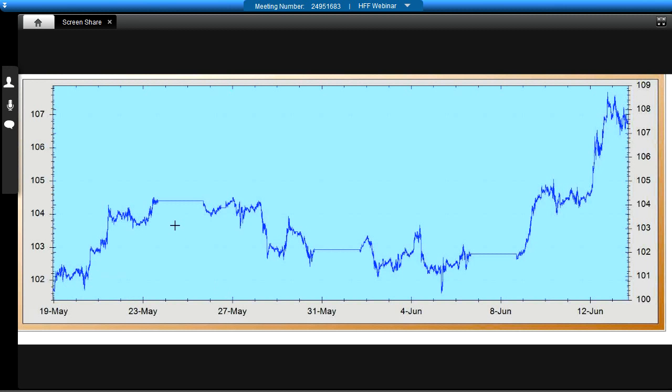We'll specifically focus on what happened right here at this local high, which was on May 23rd at 104.50, and this local high turned out to be a global high for almost 2 weeks, until it was finally broken on June 9th.